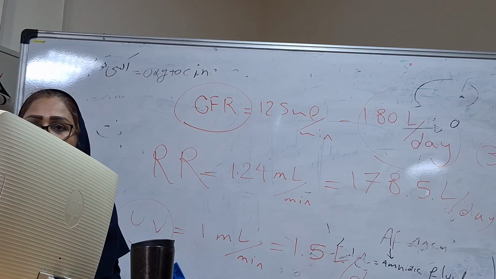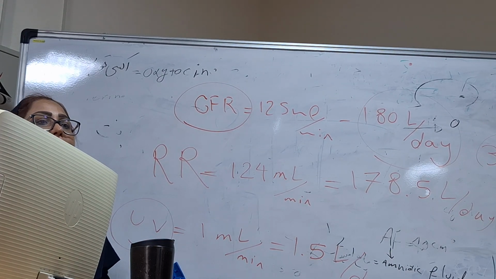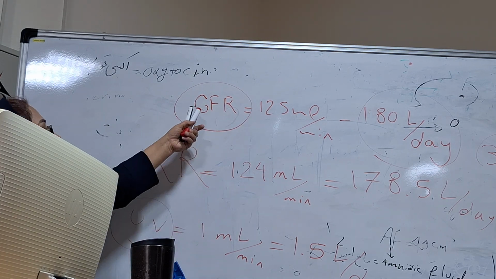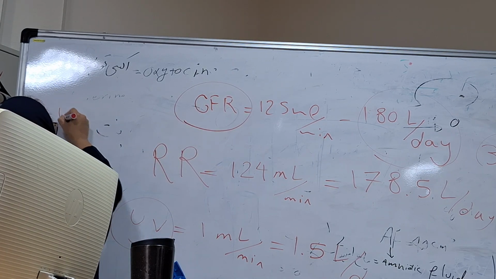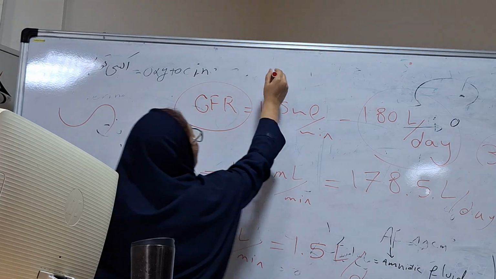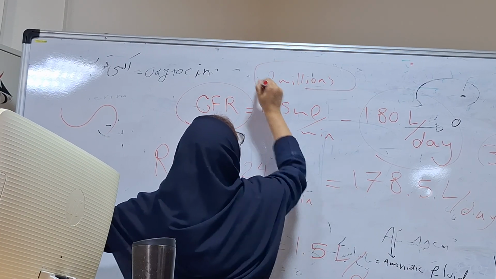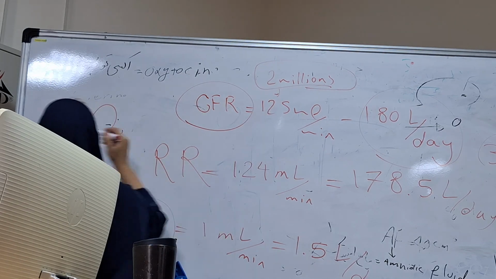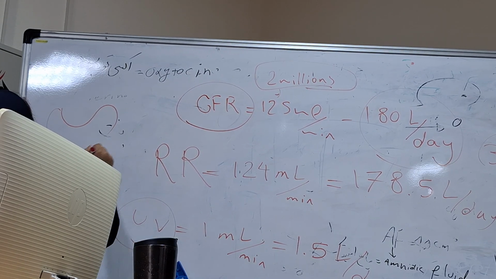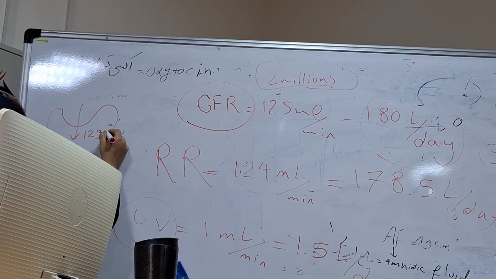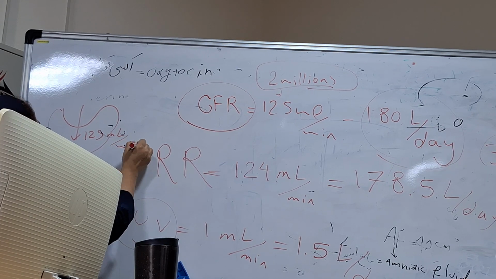Would you please repeat? Yes, of course. GFR in 2 million nephrons, don't forget, in 2 million nephrons, GFR is 125 milliliter per minute.